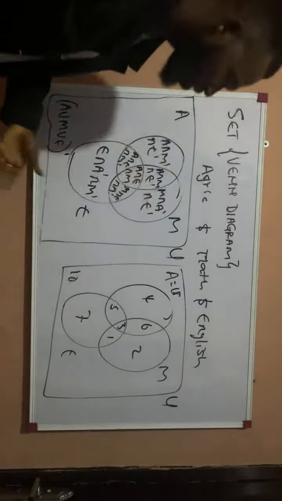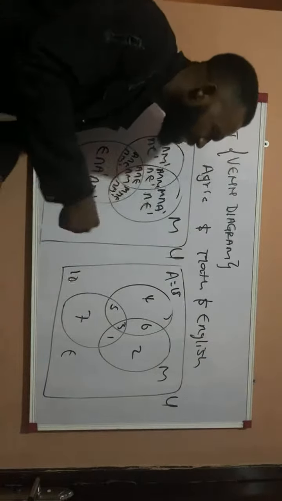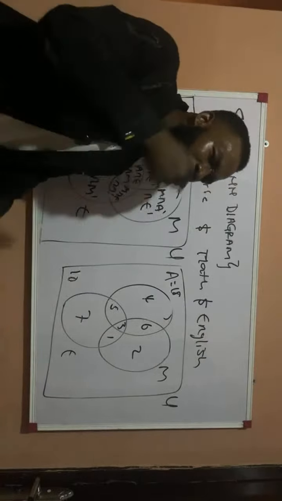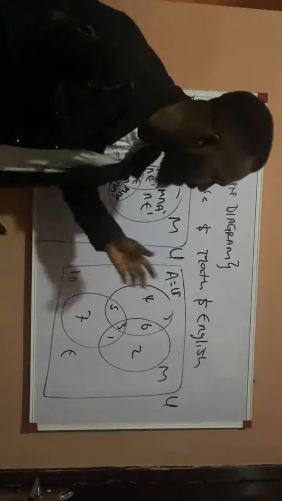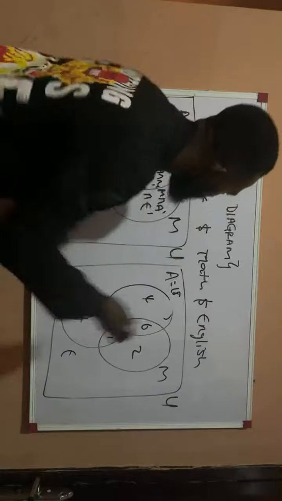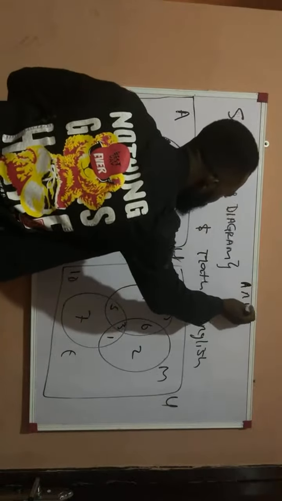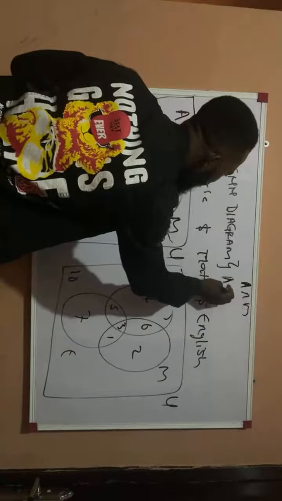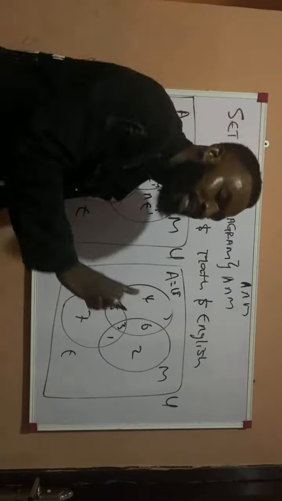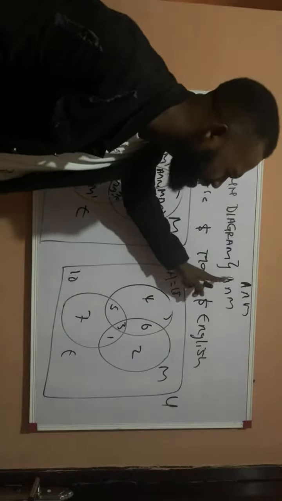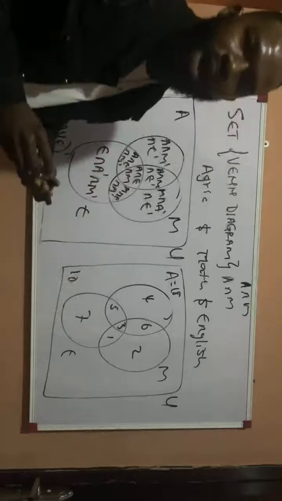Now, what if the question says, what are the numbers of students that offer Greek and mathematics only? Now, you should also understand that there's a difference between Greek and mathematics and Greek and mathematics only. When you say Greek and mathematics only, it means the students offer Greek and mathematics, but he or she does not offer what?